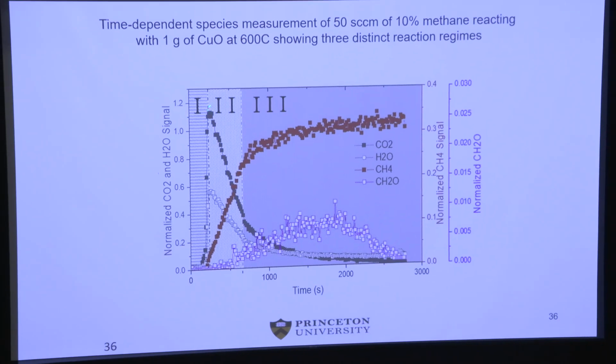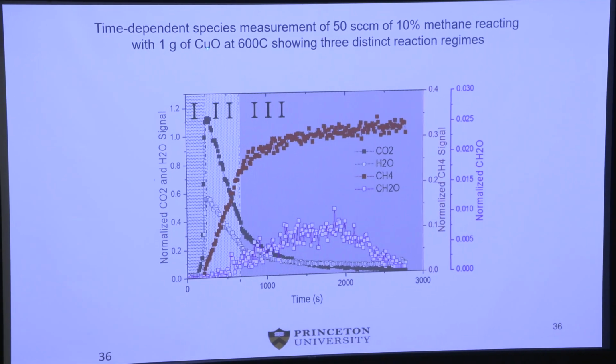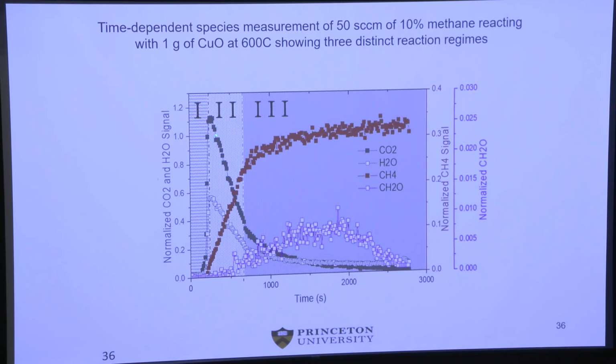After that, the surface oxygen sites are consumed, and then you run into a surface catalytic reaction limited regime. There's a lot of diffusion of methane to the surface, but you don't have a lot of oxygen sites on the surface. Afterwards, all the oxygen on the surface of the copper oxide is consumed, and then you rely on the oxygen inside the core of the copper oxide to diffuse to the surface.